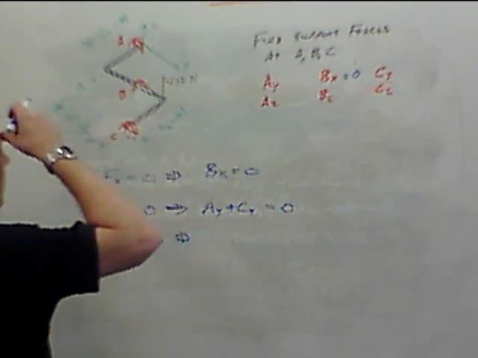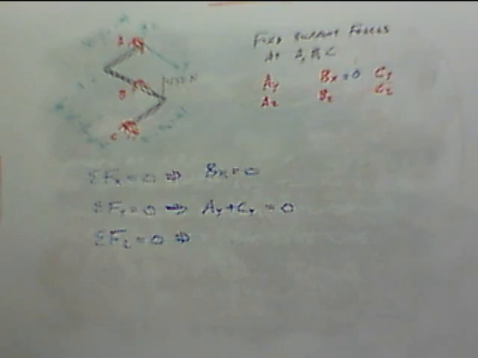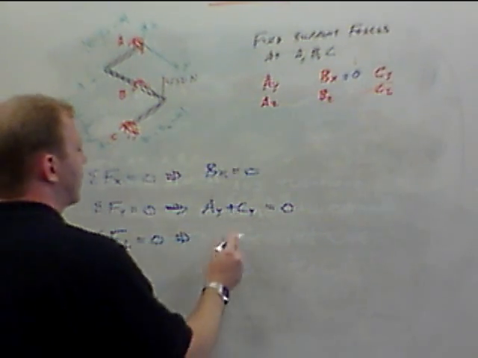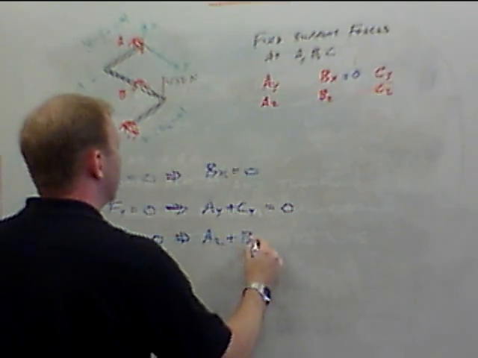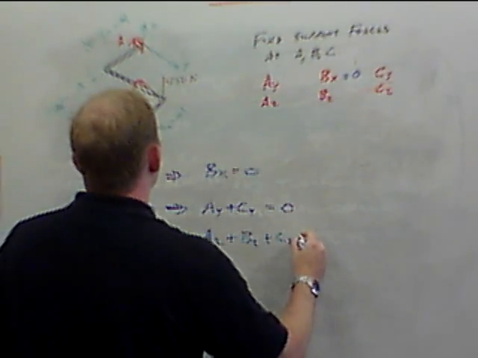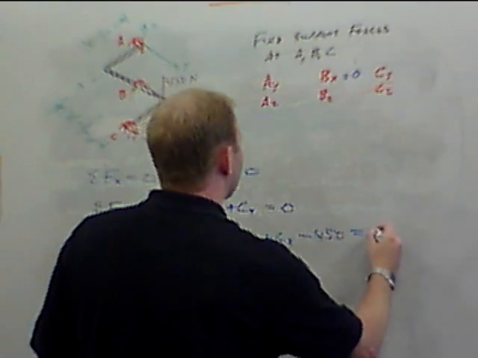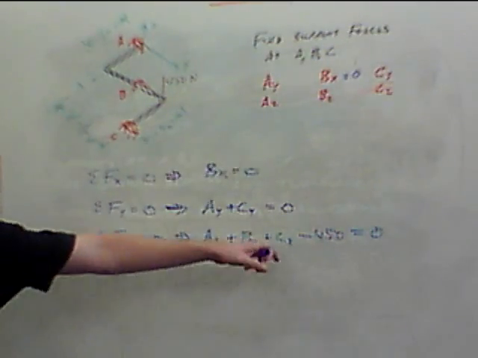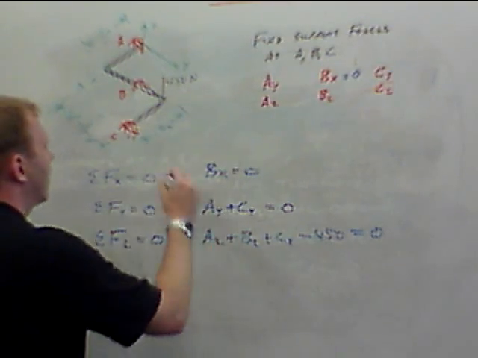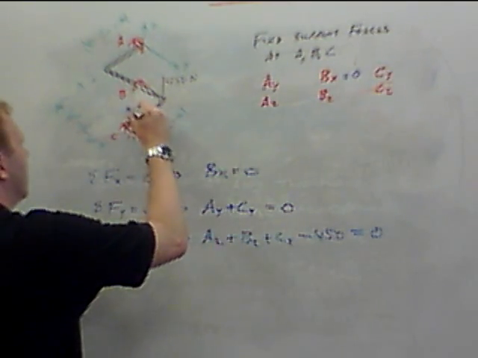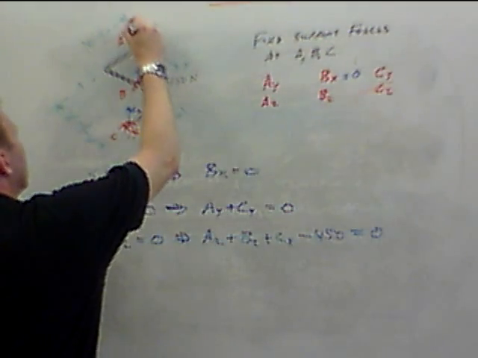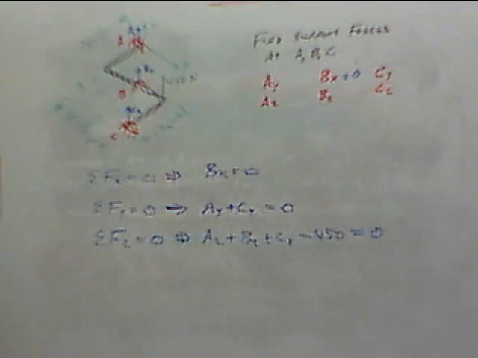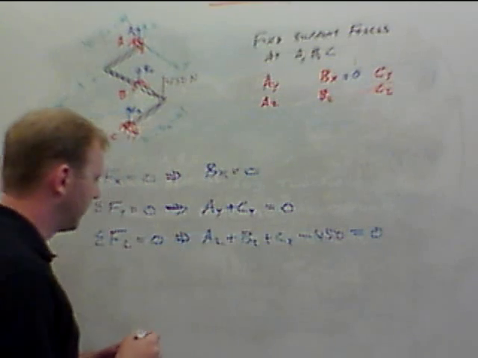All 3 of these support forces act as forces in the Z. So I'm going to say AZ plus BZ plus CZ minus 450 equals 0. Some of these forces may be directed downward. Again, we're assuming they're all acting upward for now. If they end up being downward, they'll just come out negative at the end.